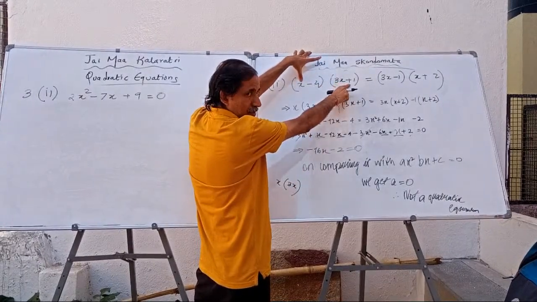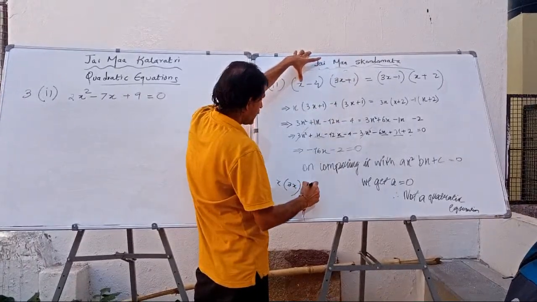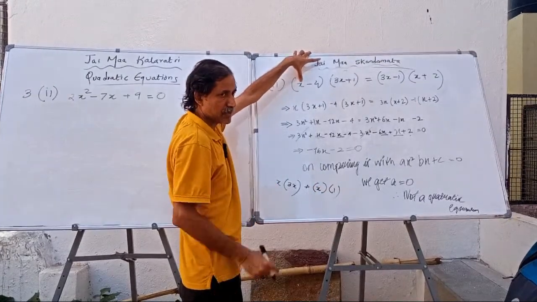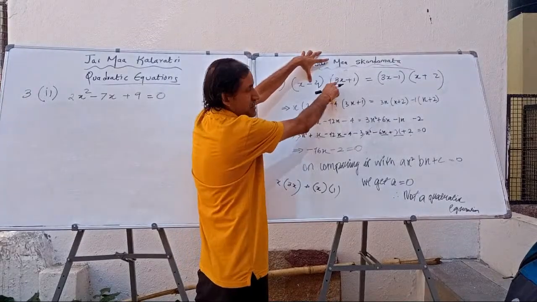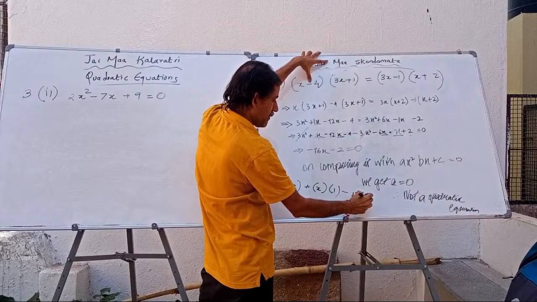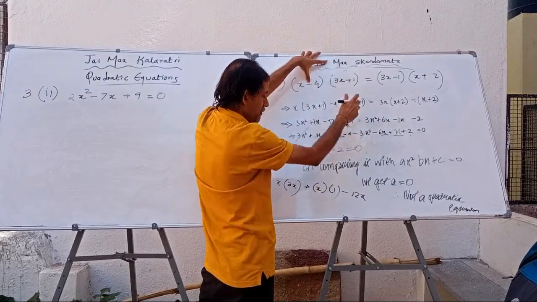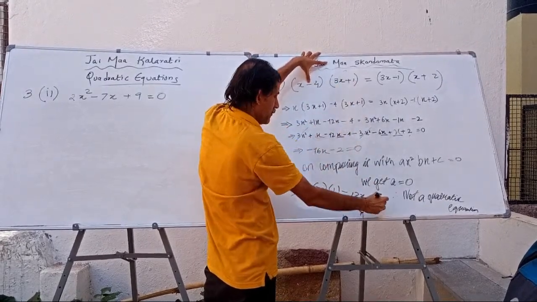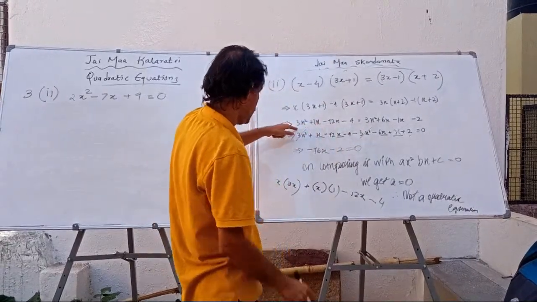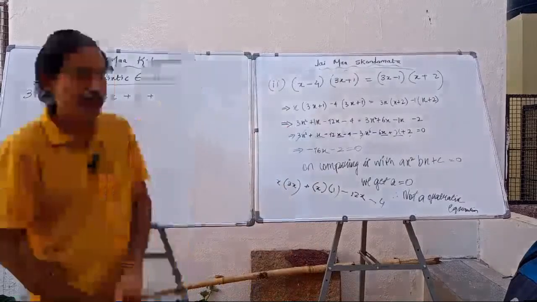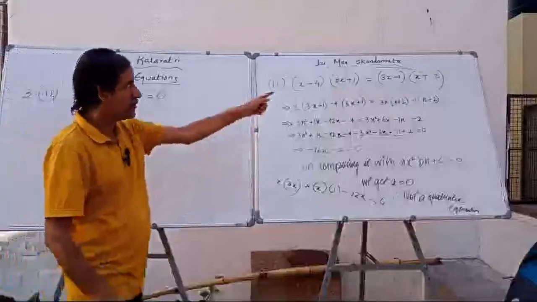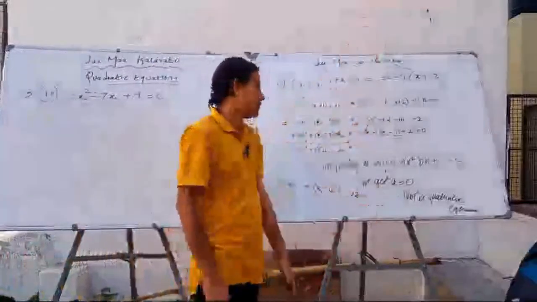Plus into plus, x into 1. Then minus into plus, minus. 4 into 3, 12x. Then minus into plus, minus 4 into 1, 4. The idea is to multiply everybody with everybody else.